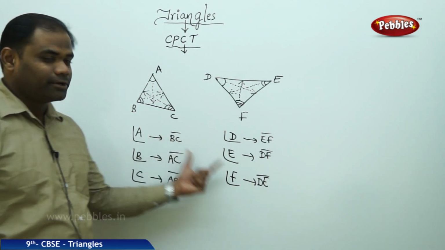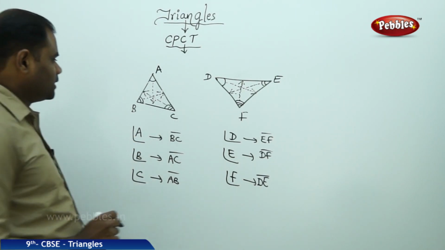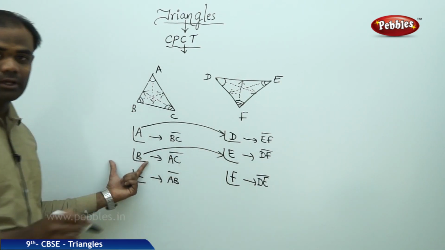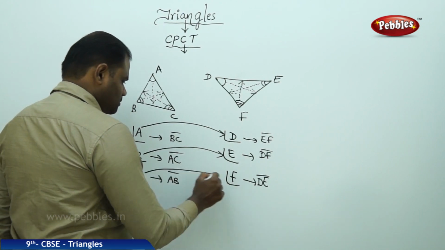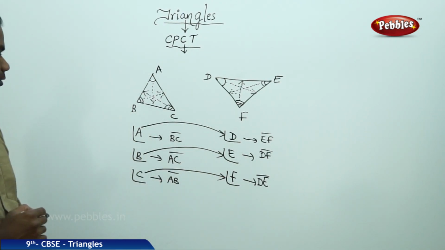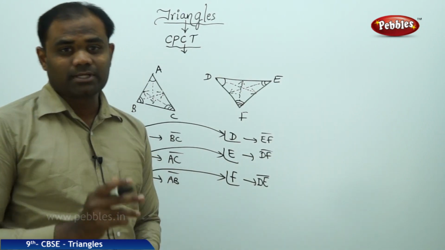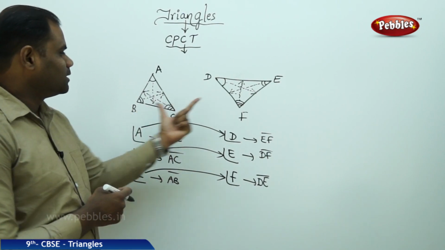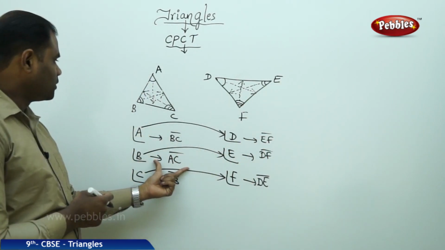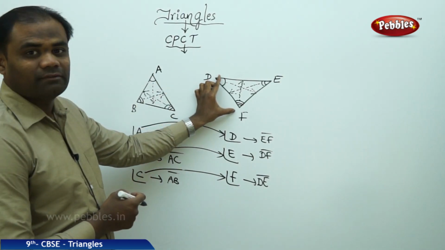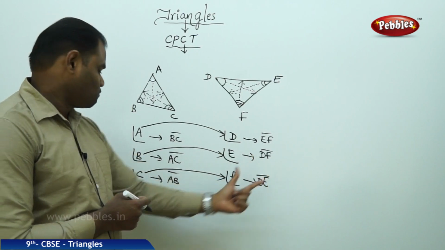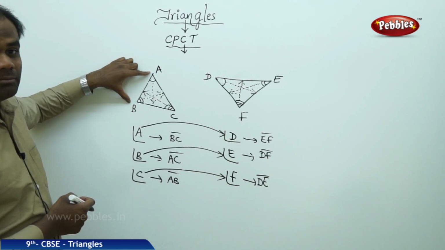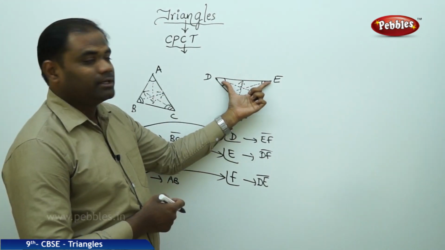Now, let's see all three cases. Since angle D is the corresponding angle for A, angle E is the corresponding angle for B, and angle F is the corresponding angle for C, therefore the corresponding sides are: for BC it is EF, for AC it is DF, and for AB it is DE, as can be clearly seen.